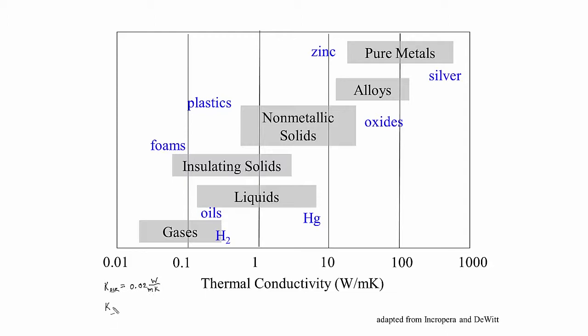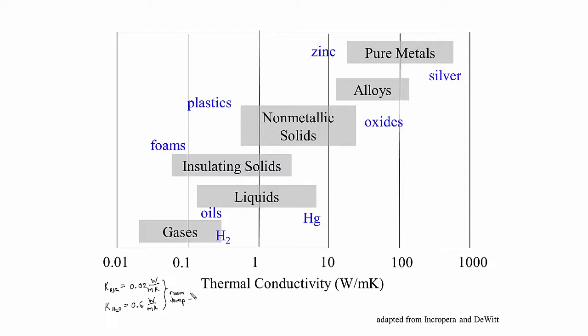Thermal conductivity of water, another very important fluid, is more like 1, but we say it's 0.6 watt per meter Kelvin. And these are room temperature values. These do change with temperature, but it's important just to understand what happens at these basic conditions.